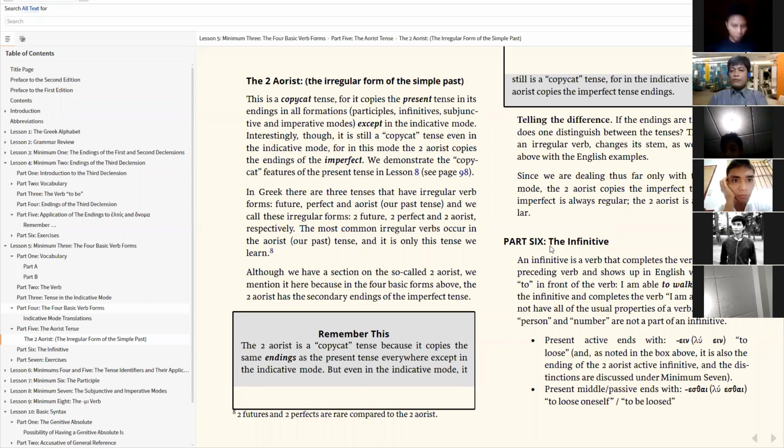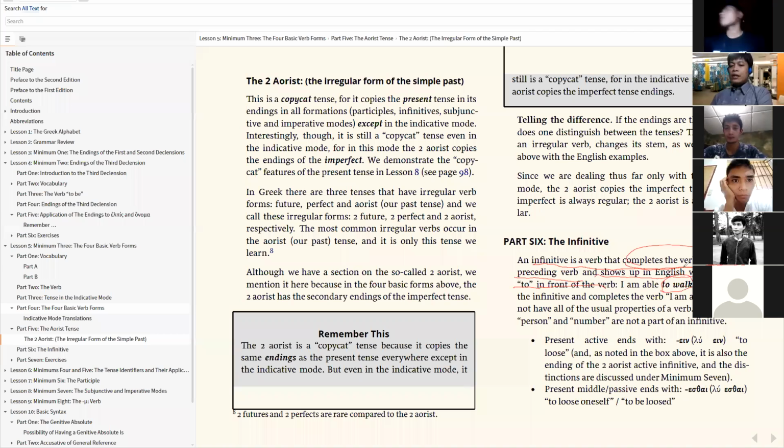The infinitive, okay, let me underline this one. The infinitive is a verb that completes the verbal idea in the preceding verb and shows up in English with the word to in front of the verb. So the example is to walk. This is what you call infinitive. When you say infinitive, it completes the verbal idea in the preceding word.